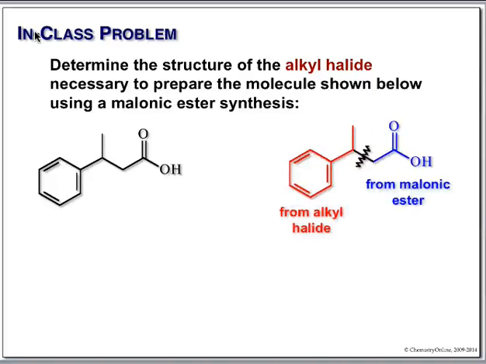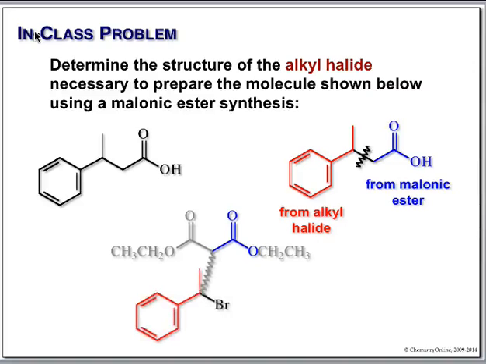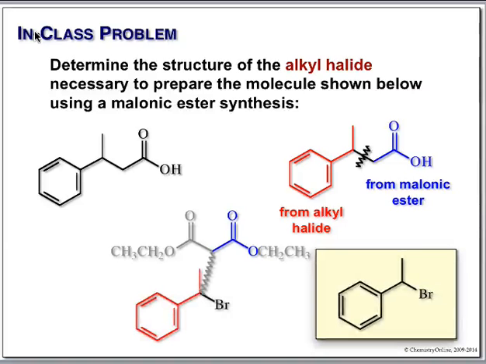All you have to do is take your malonic ester and now draw me the structure of your alkyl halide. This stuff in red was simply bonded here to an alpha carbon, and this alpha-methyl benzyl bromide would be our electrophile.